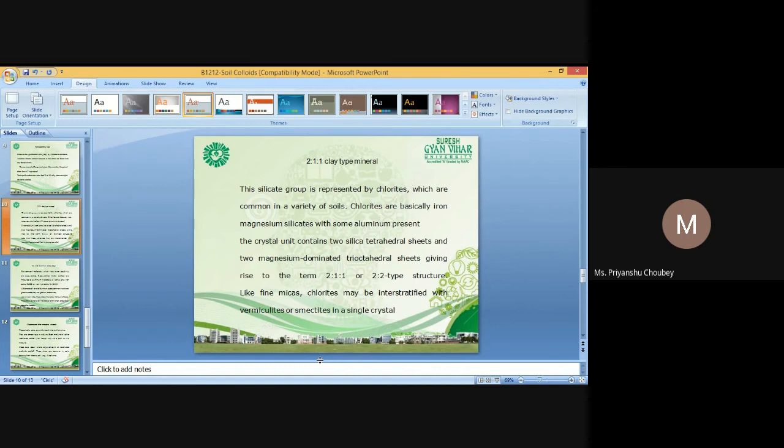Mollic epipedon, from the Latin word mollis, meaning soft. Surface thickness 18 centimeters or more, greater than 1 percent organic matter, dark colored, value less than 5 and chroma less than 3.